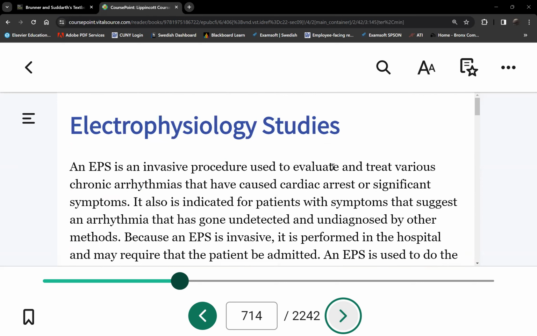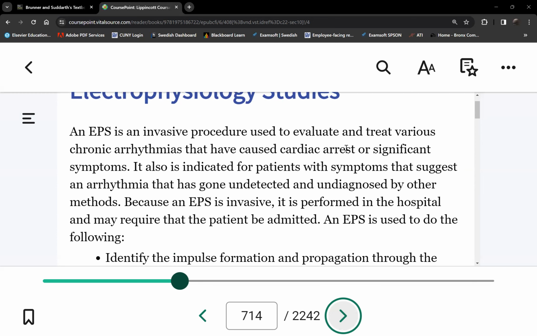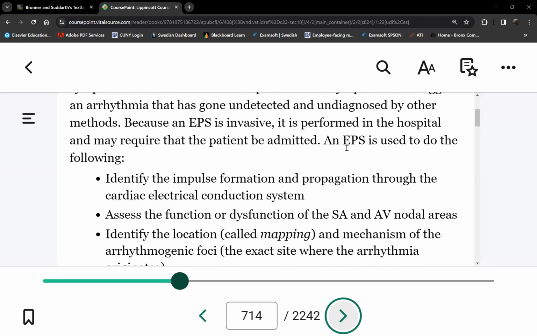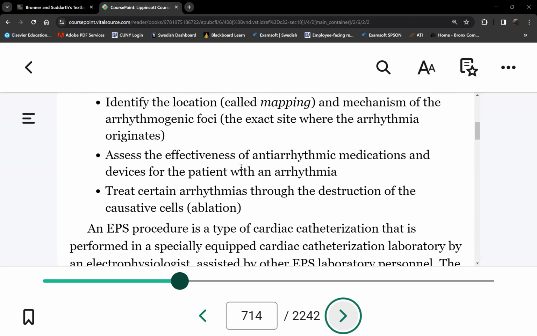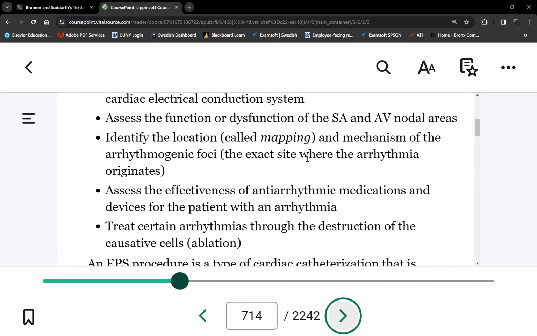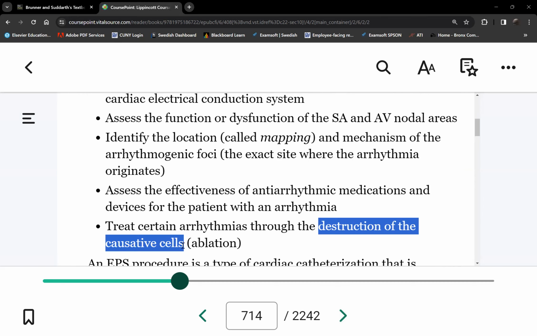I mentioned EPS last week under AFib and A-flutter. So which one comes first, the ablation or the EPS? EPS first, we have to find what we need to destroy or burn. So once we find them, then the cardiac catheter ablation will follow. Catheter ablation is the destruction of the causative cells.